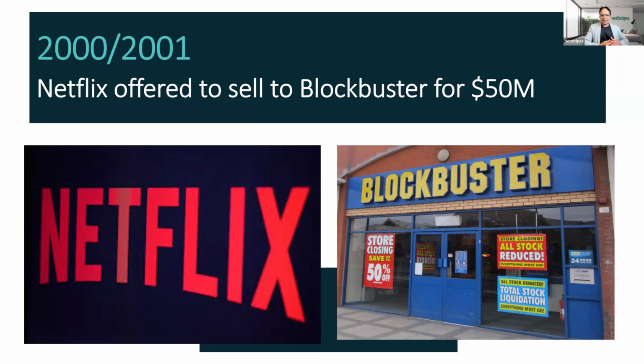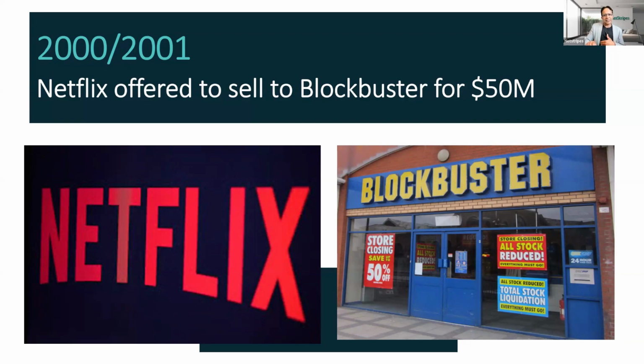And in 2001, if I'm not wrong, Netflix went and offered that business to Blockbuster for $50 million. Blockbuster laughed at them. The Netflix founders, the two guys, went to the headquarters of Blockbuster. I think it was in New York. They sat down. The guys laughed at them and said, "Are you kidding? We're going to pay you $50 million."